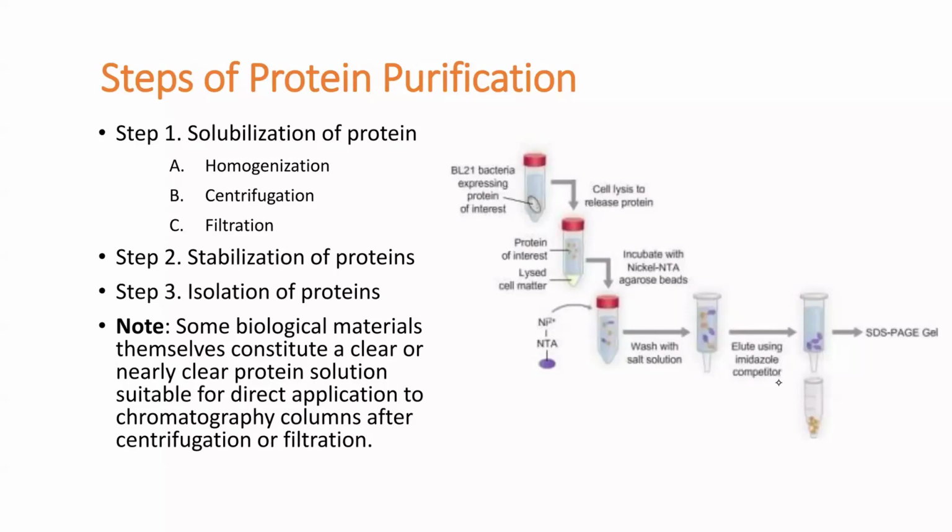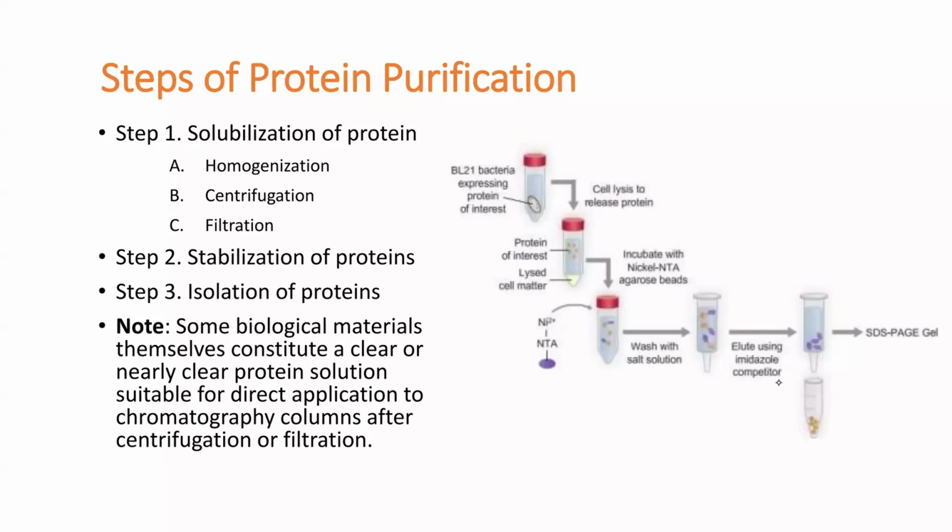Assuming your enzyme is in the mitochondria, you use the revolution per minute that will settle down the mitochondria, you remove the supernatant, and then you have the mitochondria. Then you open up the mitochondria and go for stabilization of the protein. After the isolation, you apply some of the basic techniques.